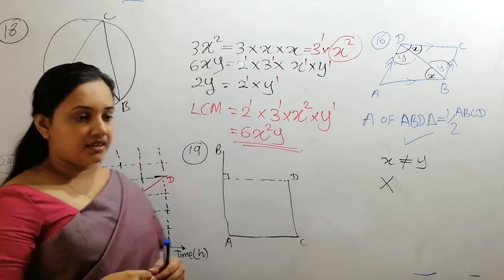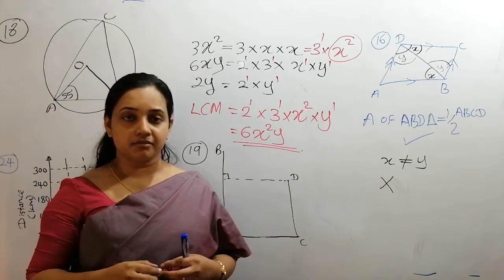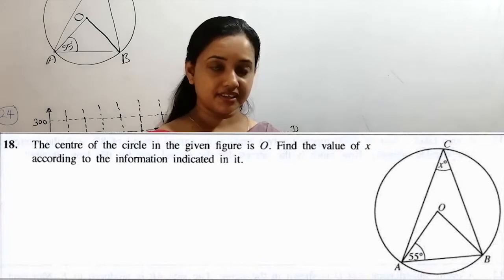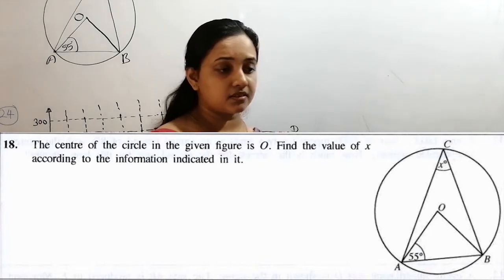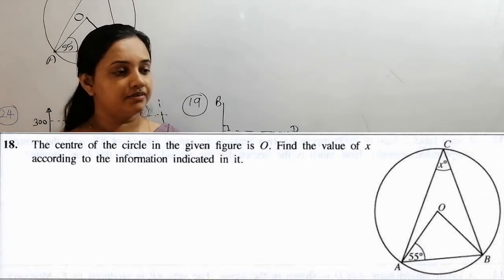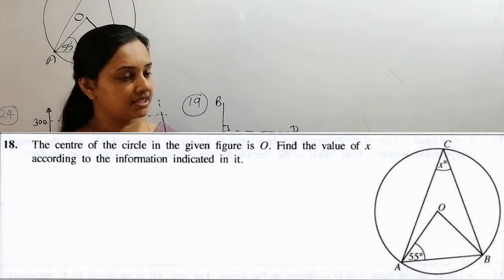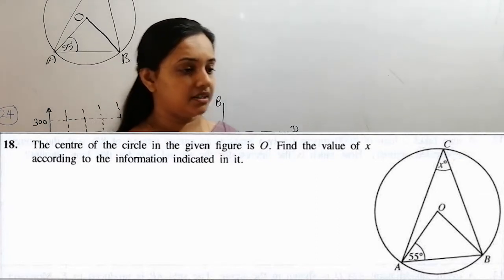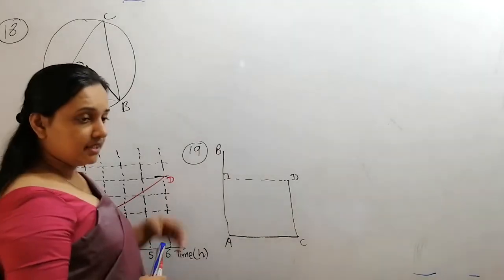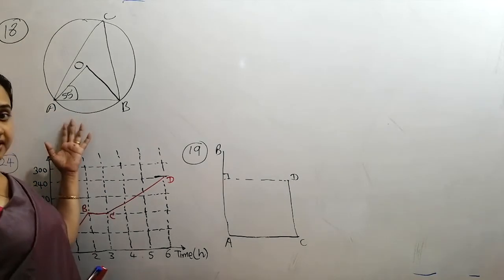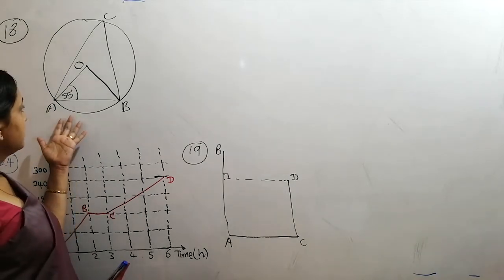Okay. Then look at question number 18. Read the question. The center of the circle in the given figure is O. Find the value of x according to the information indicated in it. In the 18th one, it's given like this figure. What is this?